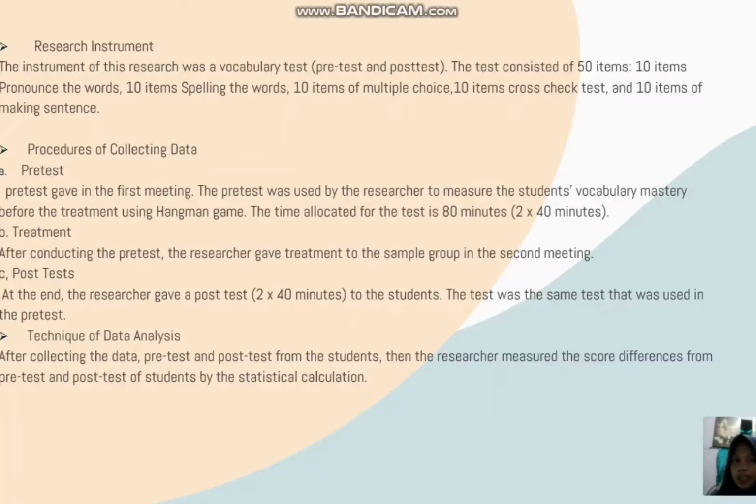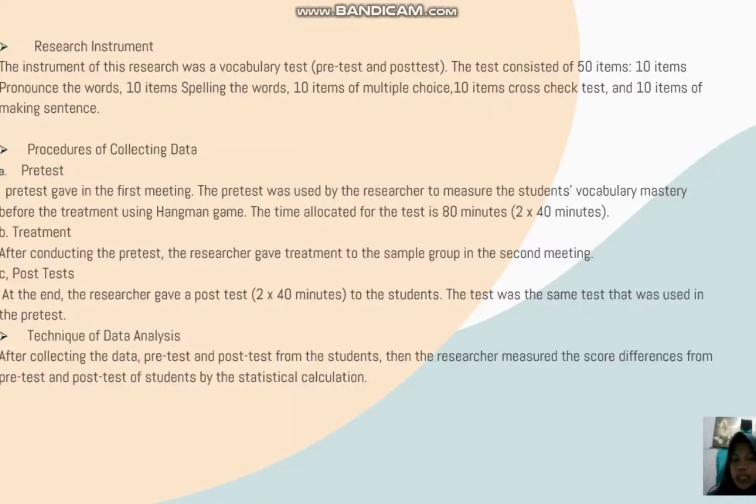A pretest is given in the first meeting. The pretest was used by the researcher to measure the student vocabulary mastery before the treatment using Hangman games. The time allocated for the task is 80 minutes, or 2 times 40 minutes.